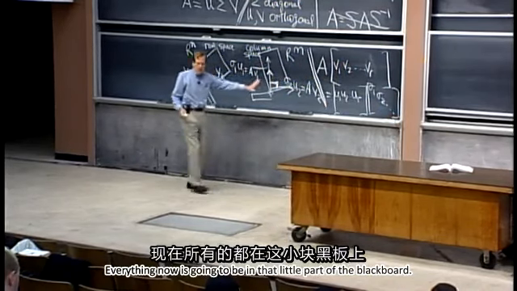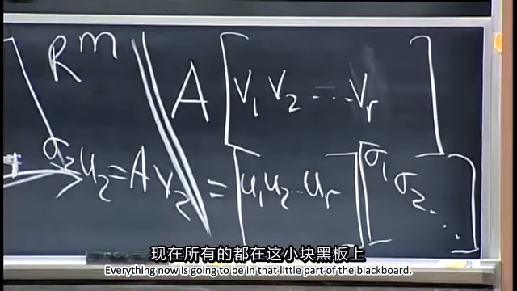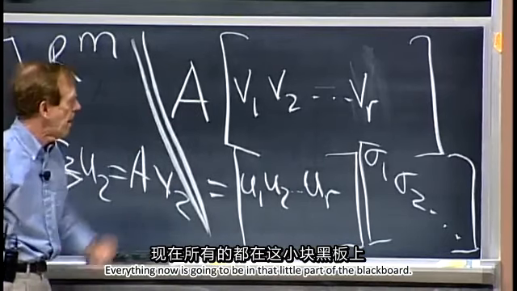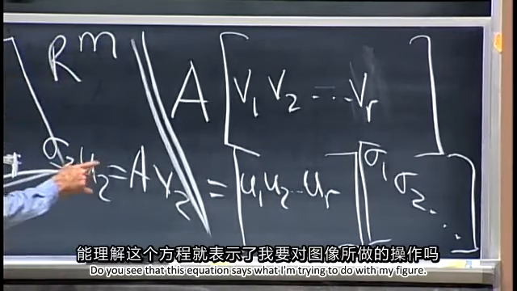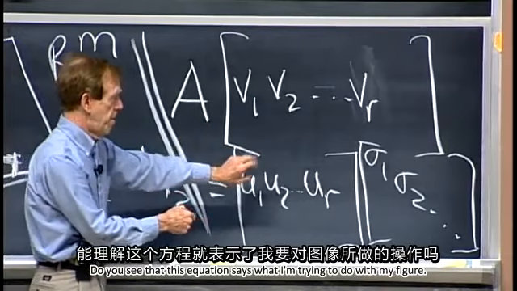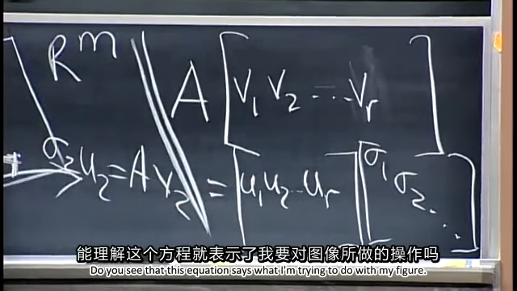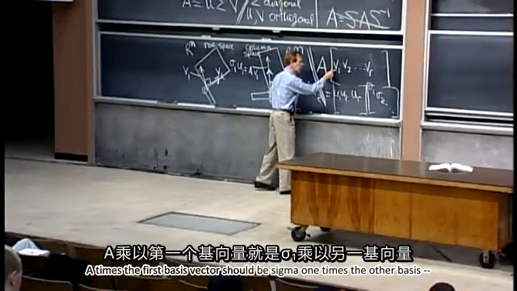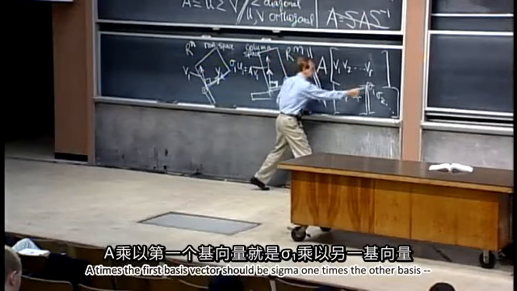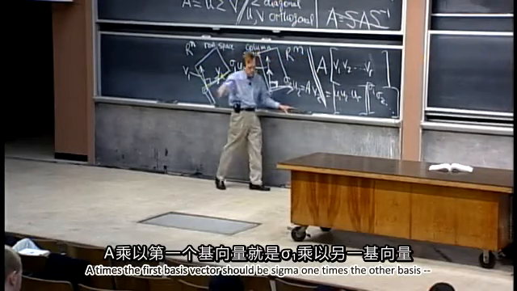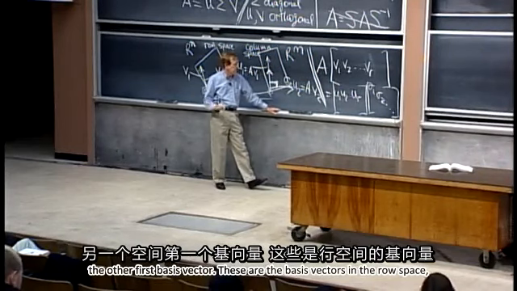Everything now is going to be in that little part of the blackboard. Do you see that this equation says what I'm trying to do with my figure? A times the first basis vector should be sigma 1 times the other first basis vector.